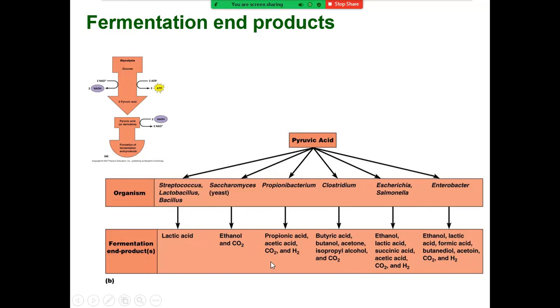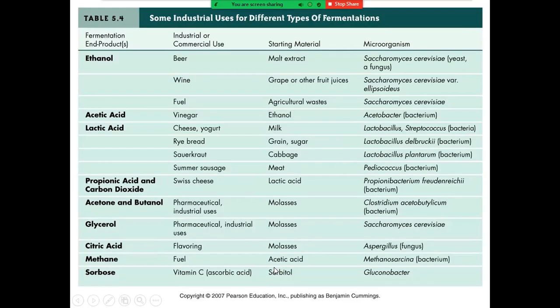Any questions about fermentation? This slide is just showing you the different fermentation end products. You only need to know ethanol and lactic acid. And then the industrial commercial use, the starting material, which you certainly don't need to know. And you don't need to know the microorganism that does it either.